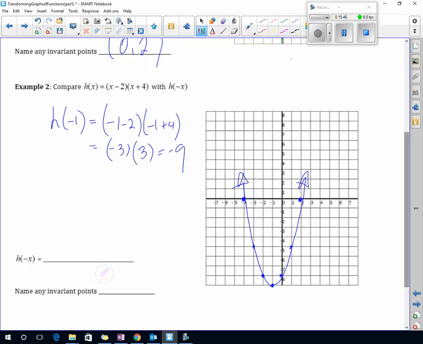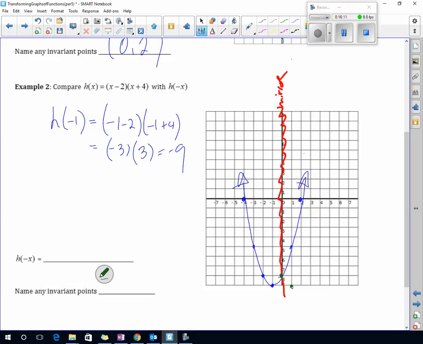So, how do we do this? I'll use green again. So, if this is 1 over, we go 1 over the other way. Yes? I have an invariant point right where that is on the axis. This is 2 over, so I have to go 2 over here. What happens about the x-intercepts?